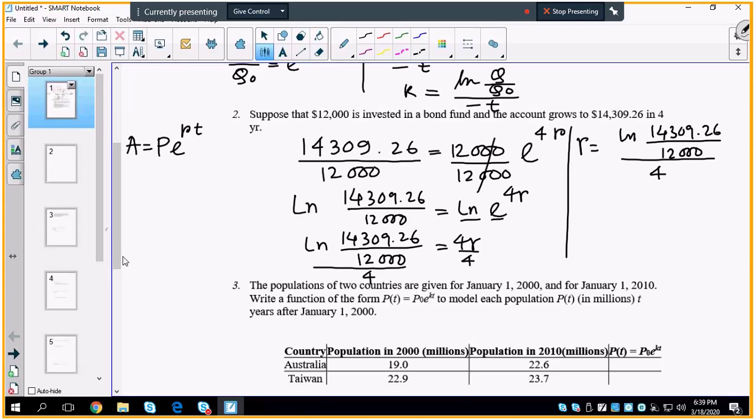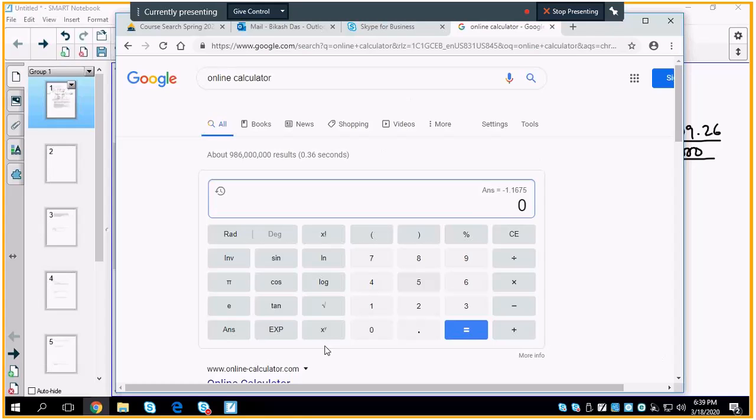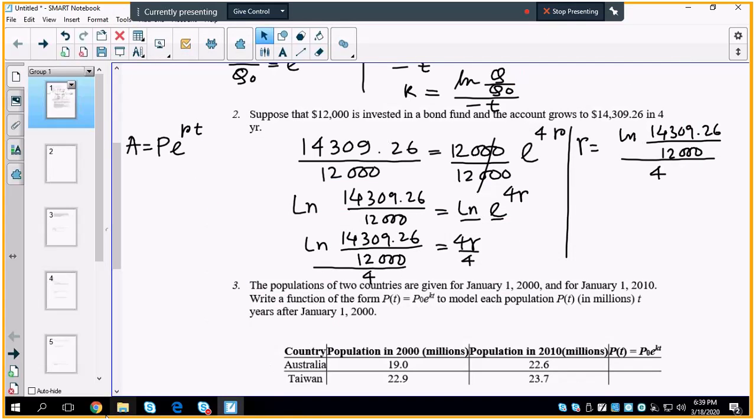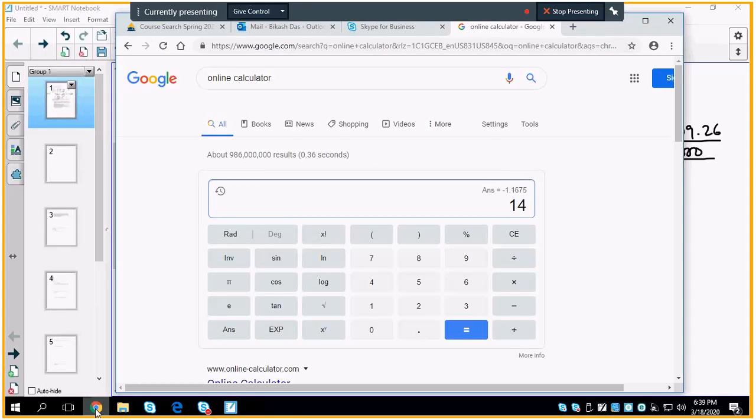What I will do now is calculate this number in our calculator, and then I have to answer this question in terms of percentages because this is talking about the rate of interest. So let's go to our calculator. We are going to type in these numbers: 14,309.26, and I'm dividing it by 12,000.